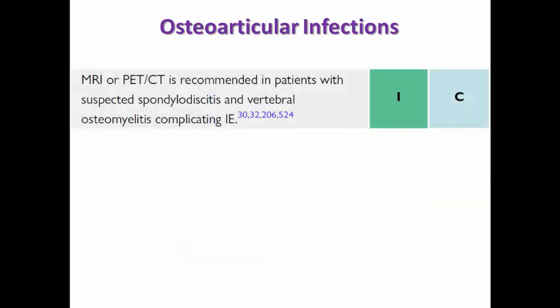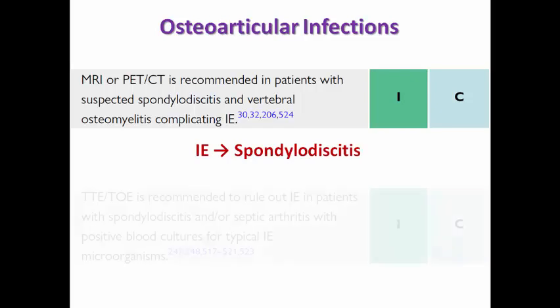So the recommendation to diagnose spondylodiscitis: arrange for MRI or PET CT in case of suspected spondylodiscitis or osteomyelitis complicating infective endocarditis, so it was a primary infection resulting in metastatic spread to the bone.